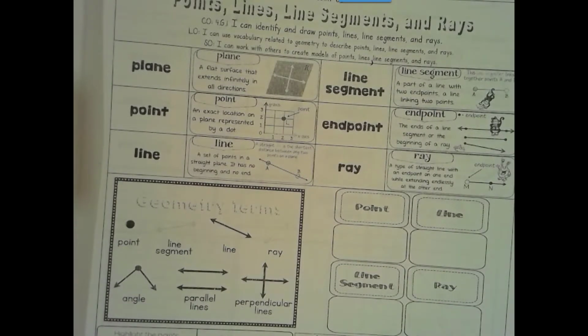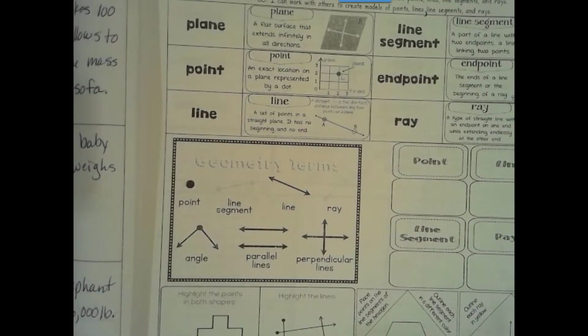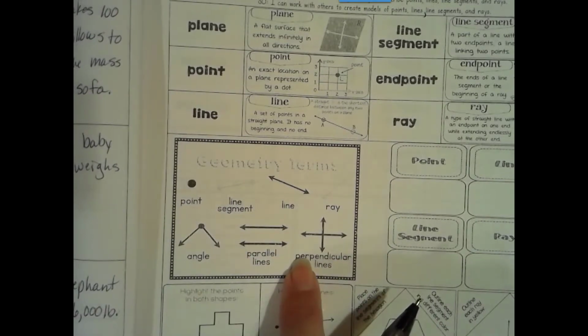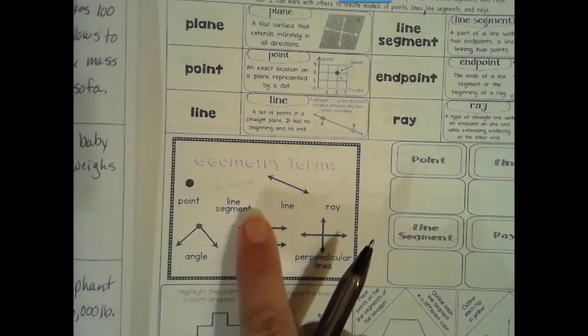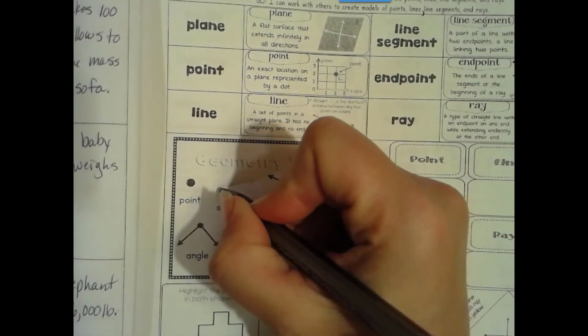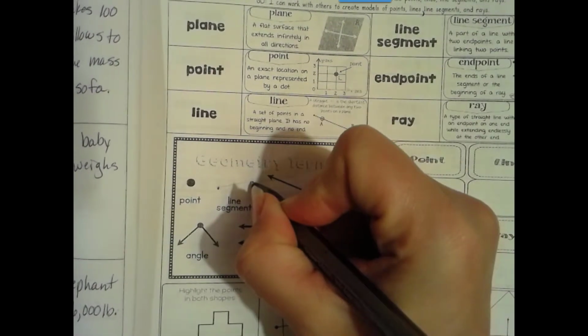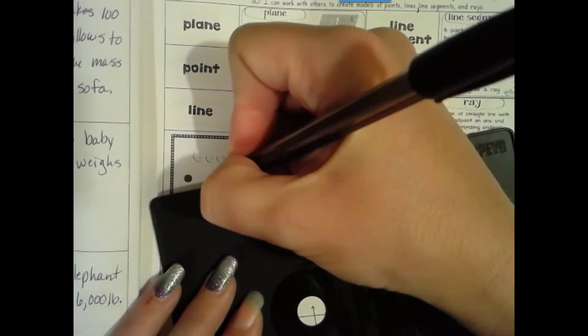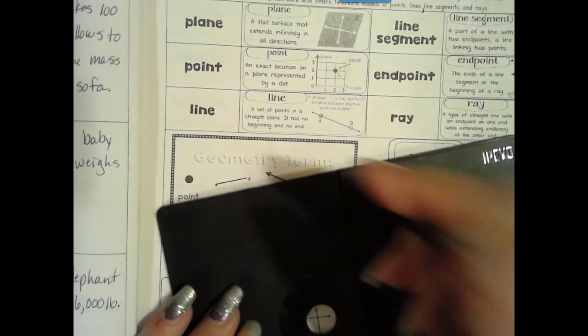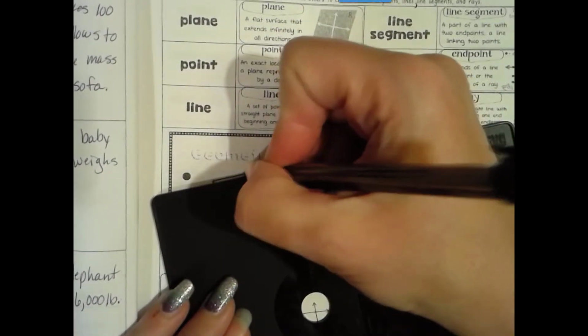Okay, we have some examples here just to go over. These last three we'll talk about in a later lesson. But point, we just use a dot. Here the line segment's kind of light, but you have the two endpoints. And this is where your straight edge comes in, because you want to make sure it's straight.